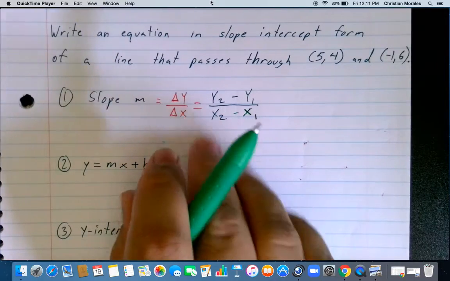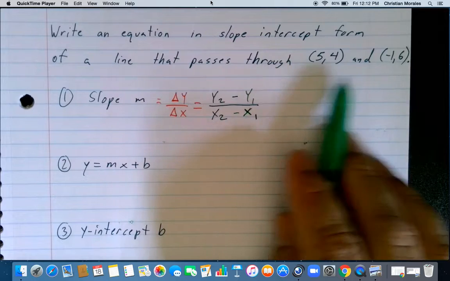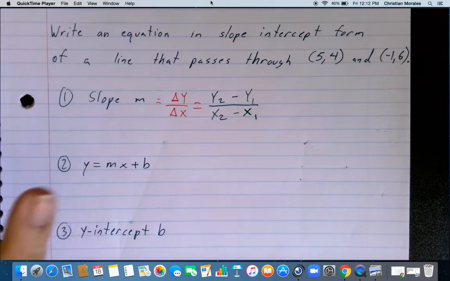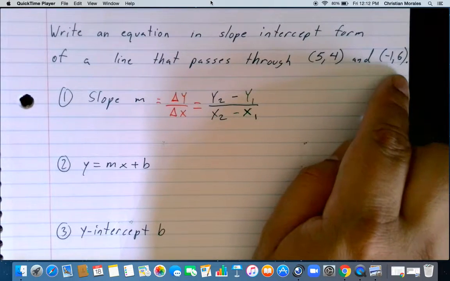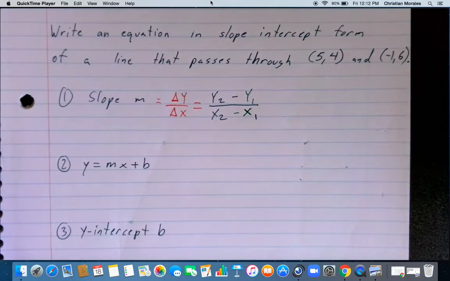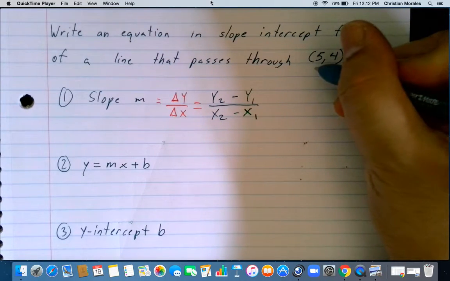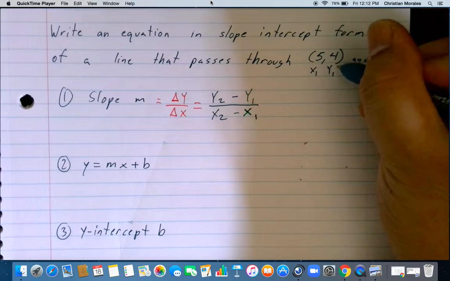So how does it work? Well, you need 2 points, and they give you 2 points. What you're going to do is, in whichever order you want, label these as point number 1 and point number 2. Okay, so I'm going to label this as my point number 1. So this is going to be x1 and y1.